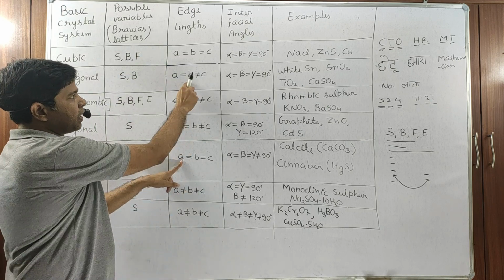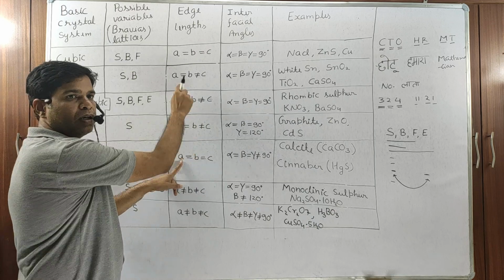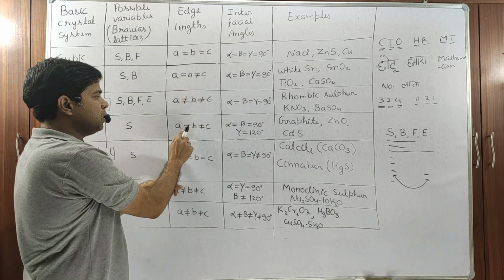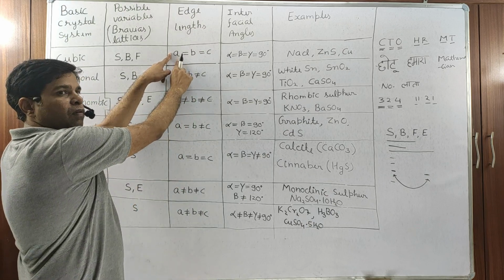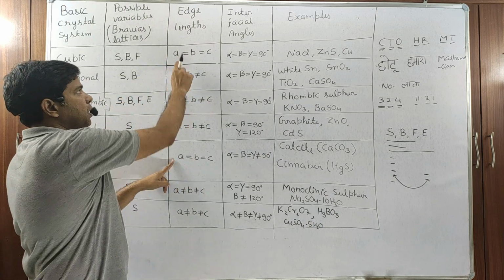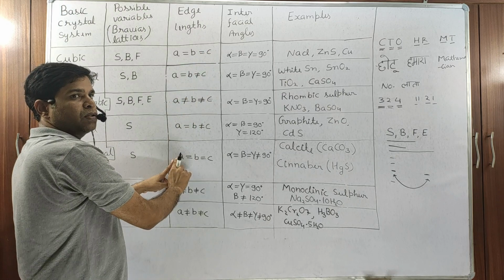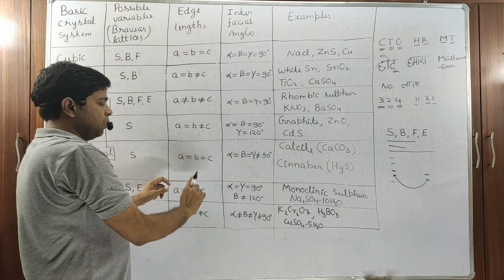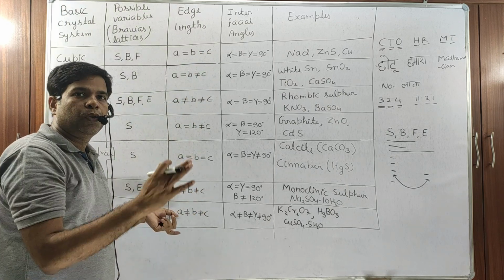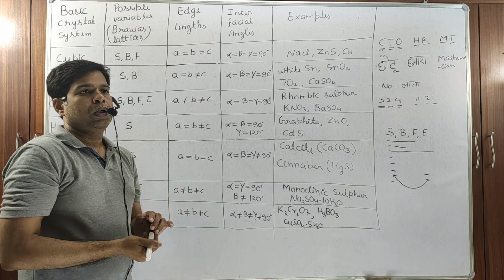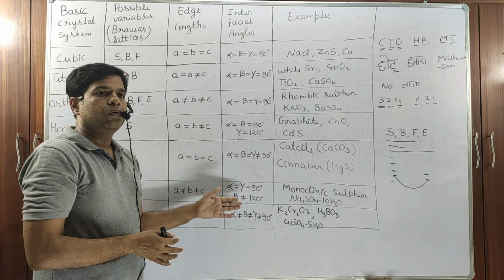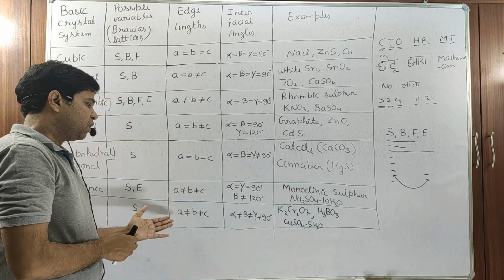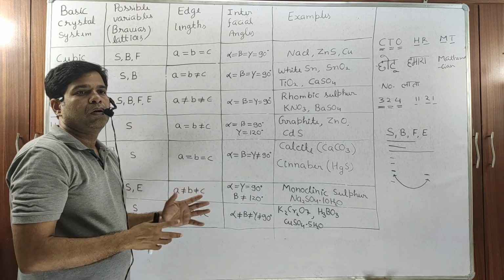So for the image of the second, write A is equal to B not equal to C, and for the image of the first, A is equal to B is equal to C. But for the last two, no one is equal to each other: A is not equal to B, not equal to C.